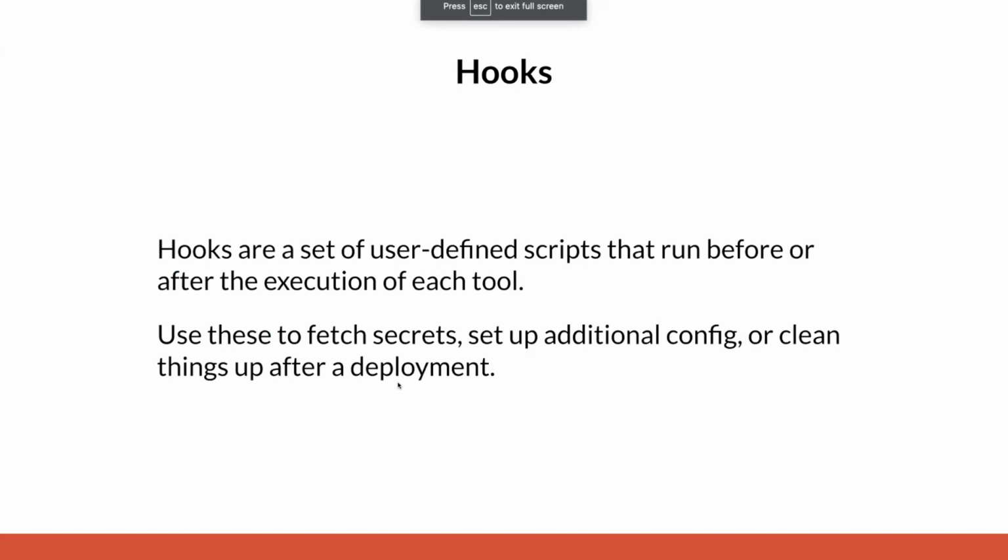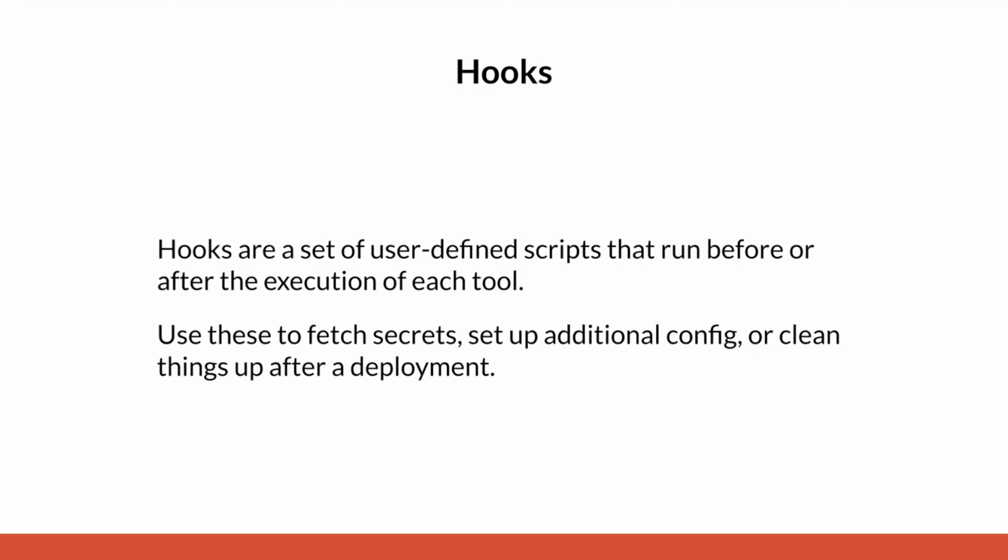All right, like I said, hooks are a set of user-defined scripts that run before or after the execution of each tool. There's a directory in the tool directory, so environment A /Helm / before scripts or / after scripts. And those are just bash scripts that you can run whatever you need to in there, and they're run alphanumerically and given just a certain set of environment variables to be executed prior to and after the actual tool.